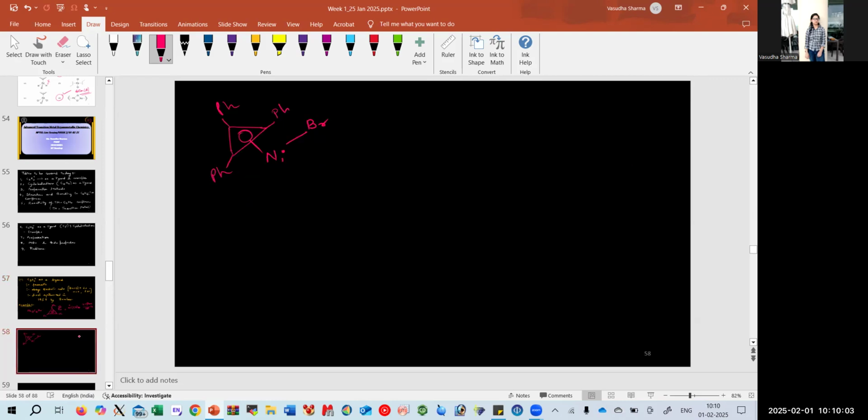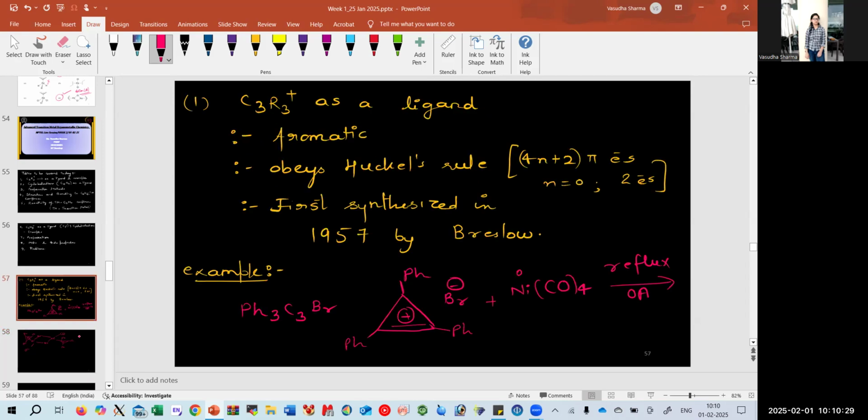And here one carbonyl would be there. Again, Br is in the bridging mode, and it would bind with the next nickel, with CO, having the symmetrical structure. So this is one of the examples where the C3Ph3 ligand will react and bind with your transition metal.